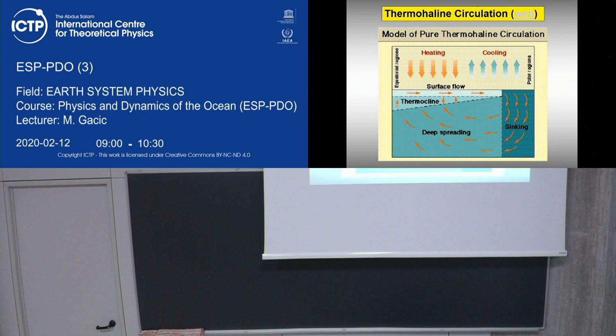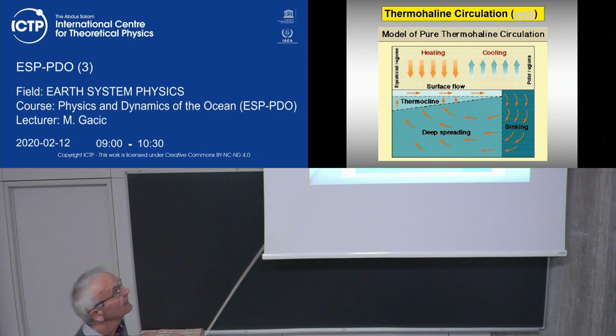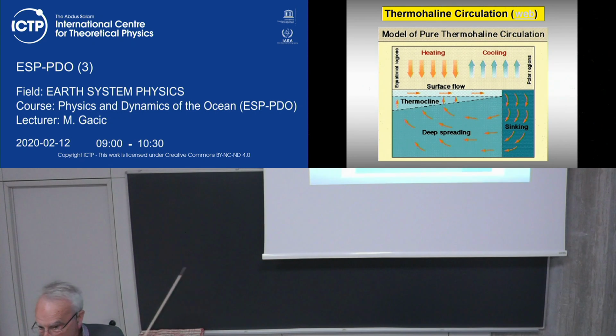What is determining the thermohaline circulation is the differential heating between the polar and equatorial areas.